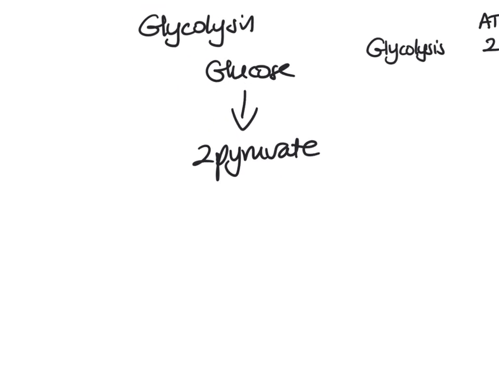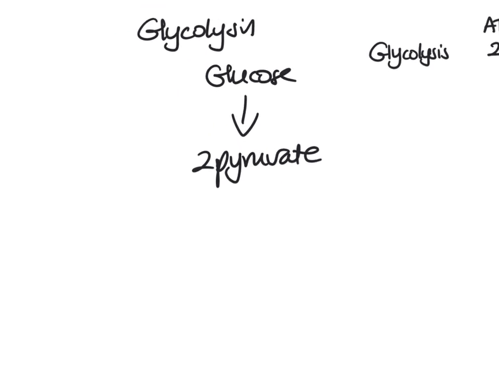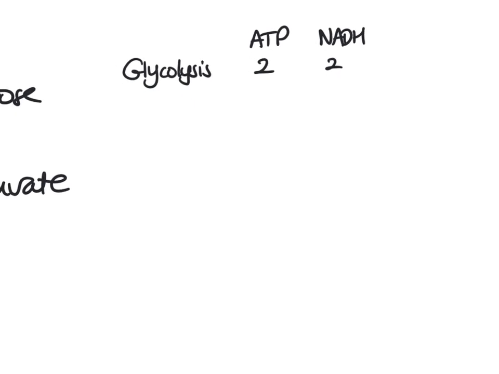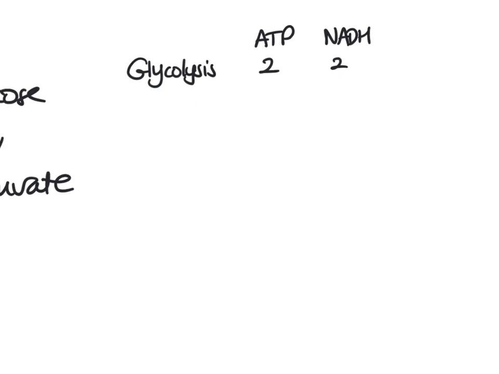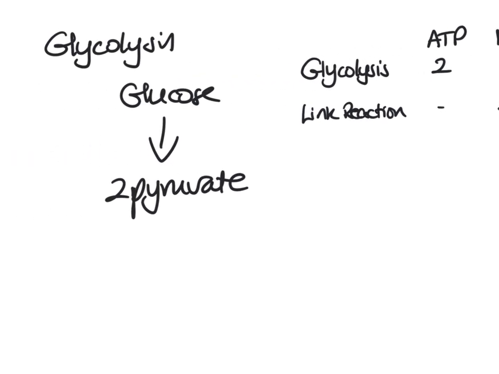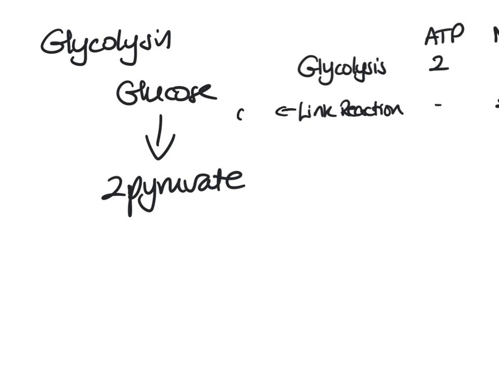Okay. Over here, with no ATP, but we've got 1 molecule of NAD, but remember, we've got 2 pyruvate molecules, so we're going to make 2 molecules of NADH. Okay. The other thing there is that we get a molecule of carbon dioxide for each link reaction.